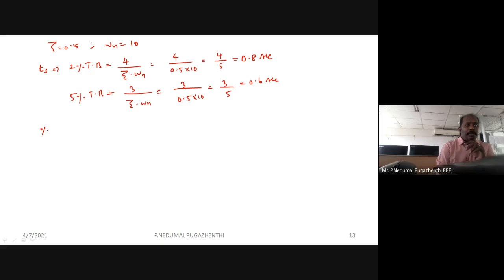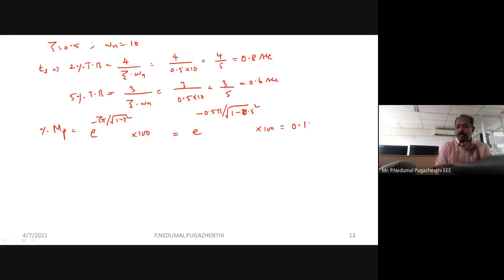Then maximum peak overshoot, Mp percentage is equal to e power minus zeta pi divided by square root of 1 minus zeta squared, into 100. So e power minus 0.5 pi divided by square root of 1 minus 0.5 squared, into 100, which is equal to 0.163 into 100.